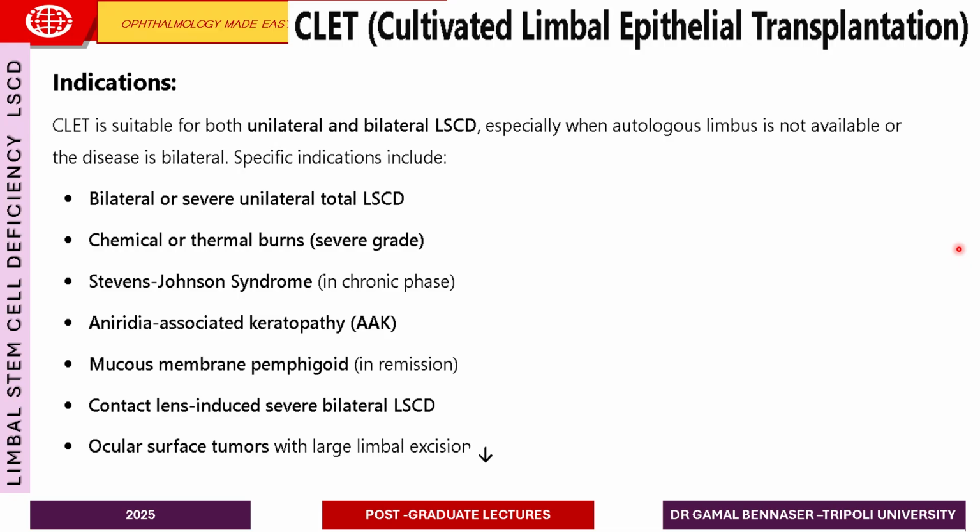Now, as I said, the indication is that it is suitable for unilateral cases and also for bilateral cases in which there is no 100% involvement, because we need a very small sample. So there is no risk of inducing limbal stem cell deficiency in the donor eye. And it is suitable for different types of limbal stem cell diseases due to chemical injuries, thermal injuries, autoimmune disease, Stevens-Johnson syndrome, aniridia, contact lenses and so on. So this is the indication.